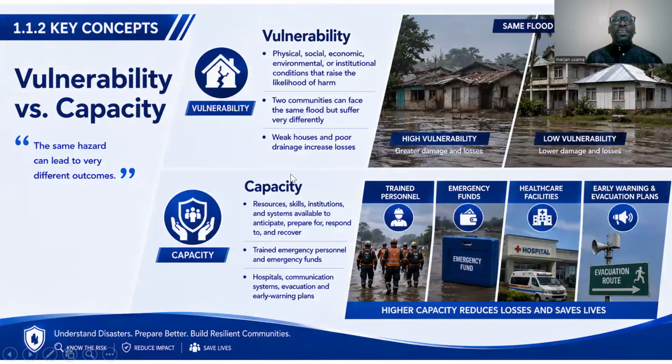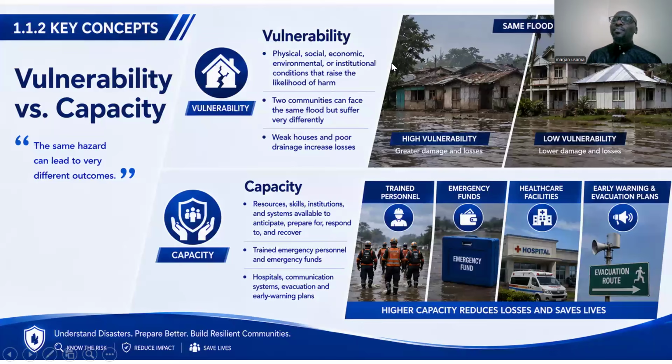Now, another concept related to disaster management is vulnerability and capacity. They are basically telling us the same hazard can lead to different outcomes. What is the meaning of this?